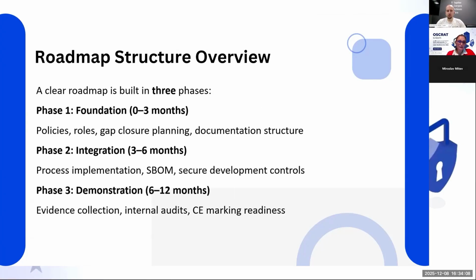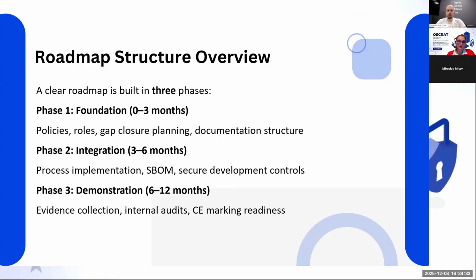To make CRA implementation manageable, we structured the roadmap into 3 phases. The first one builds the foundation: your policies, rules, and documentation structure.